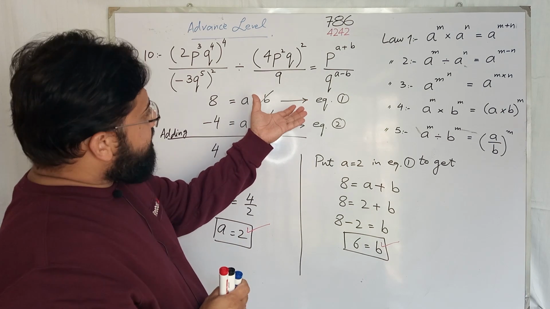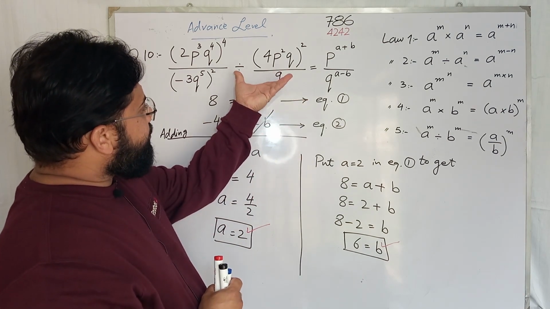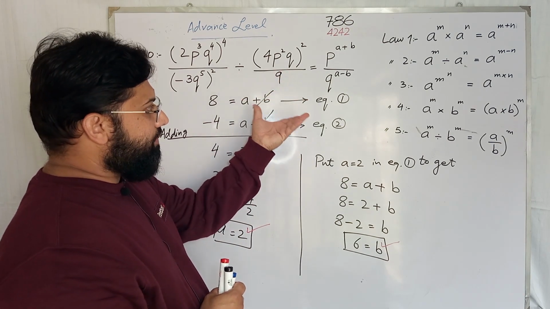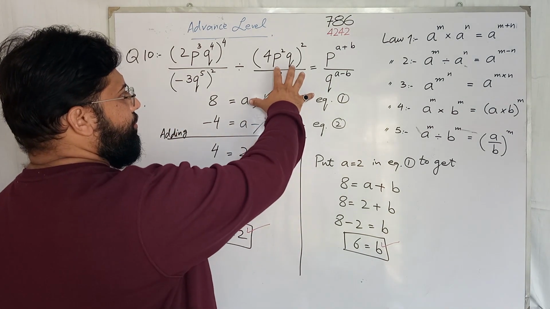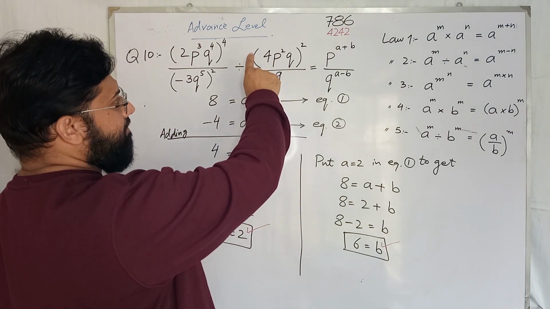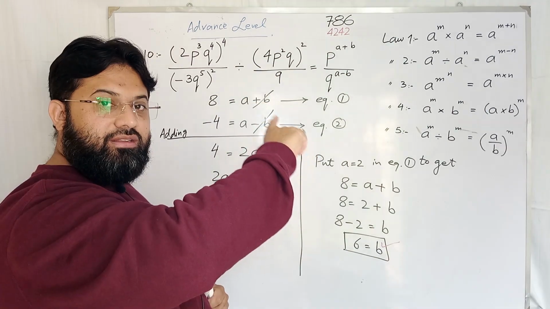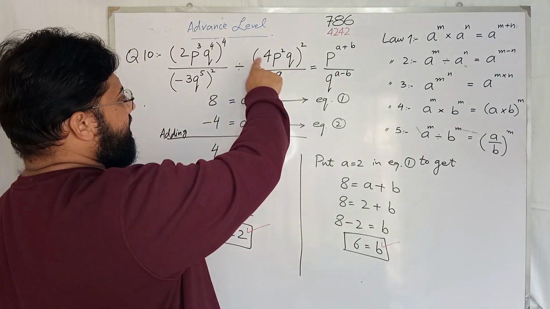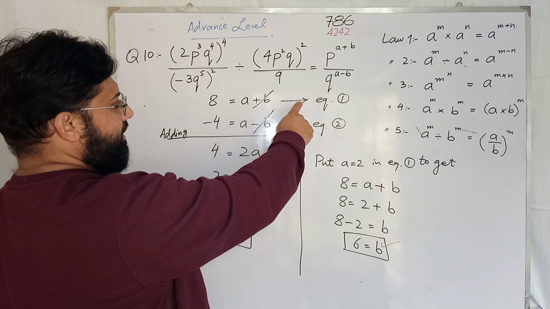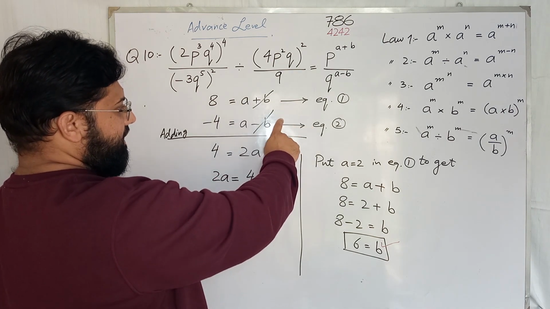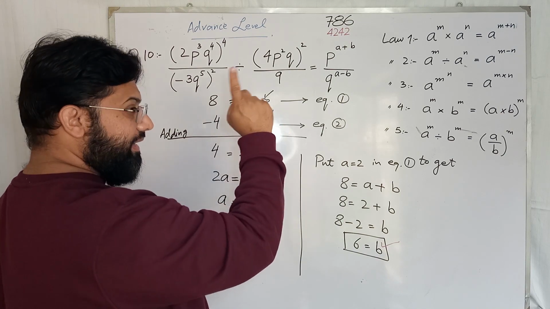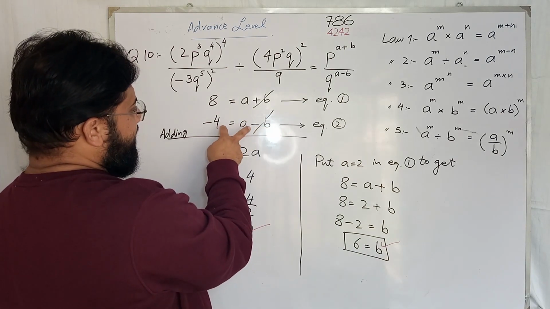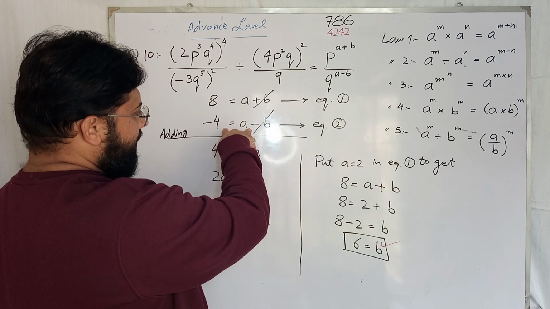So at a certain stage we solve this question with the help of the laws of indices, and at a later stage we came to know that if the bases of numerator are identical, then their powers can be written in the form of equation. Same is the case with the denominator. Denominator's bases were equal or identical, so their powers can be written in the form of equation.